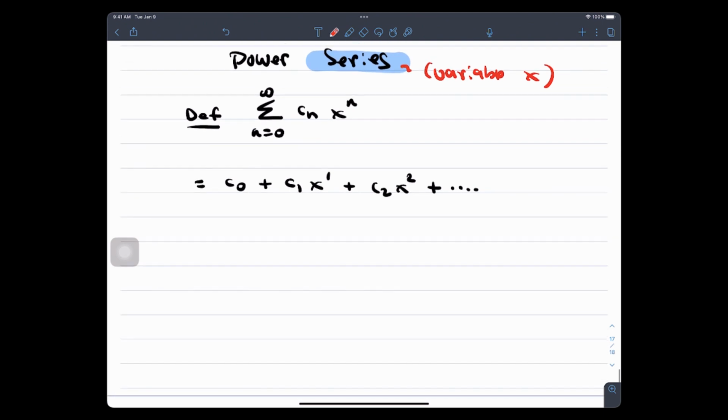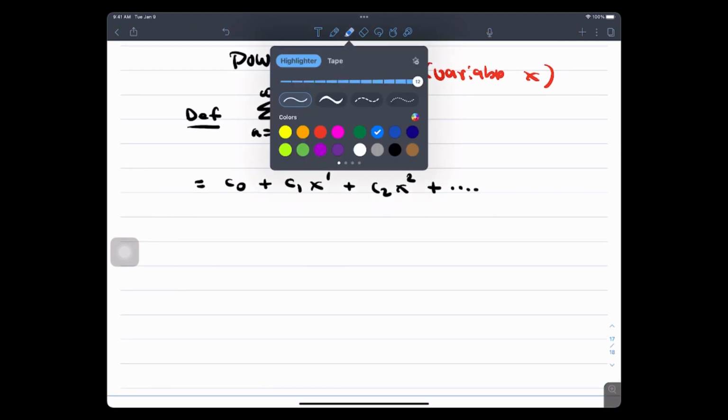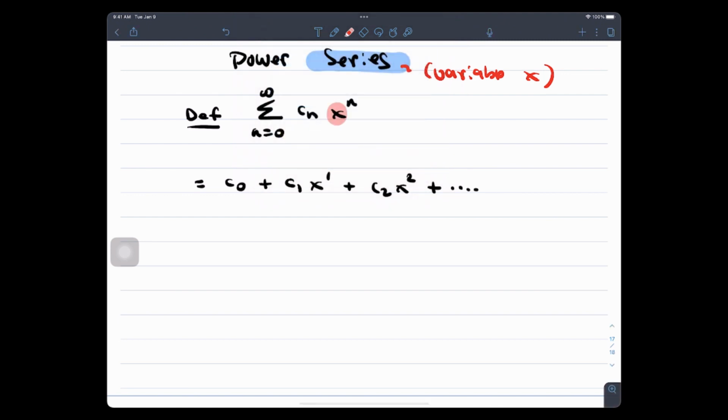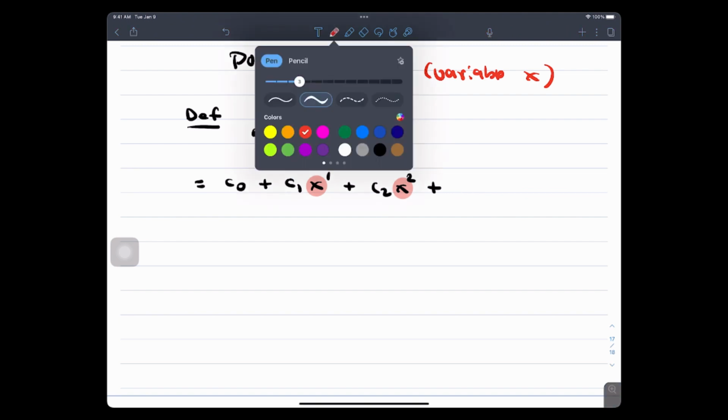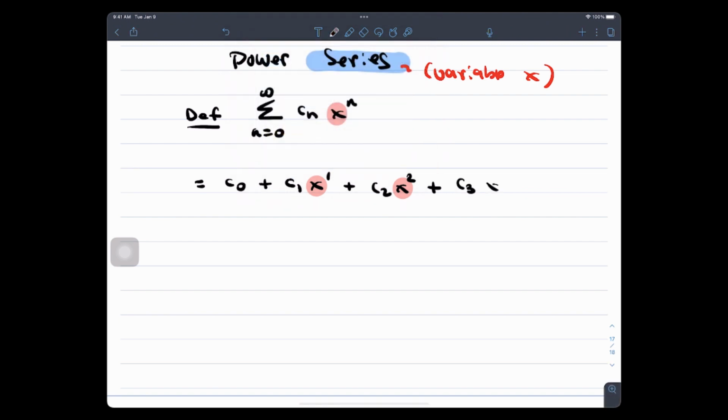And as you guys can see here, here's your variable, and so on. Then the next one will be C3 x cubed.